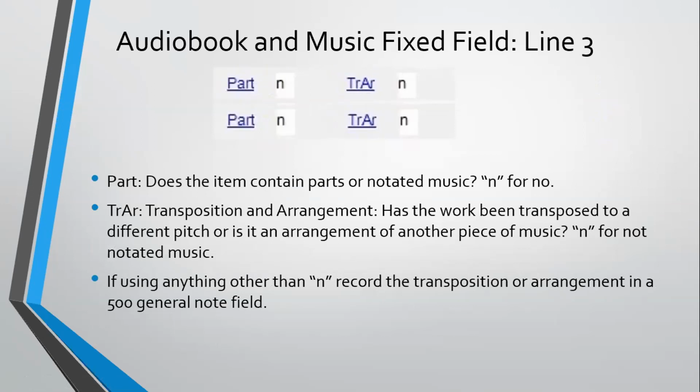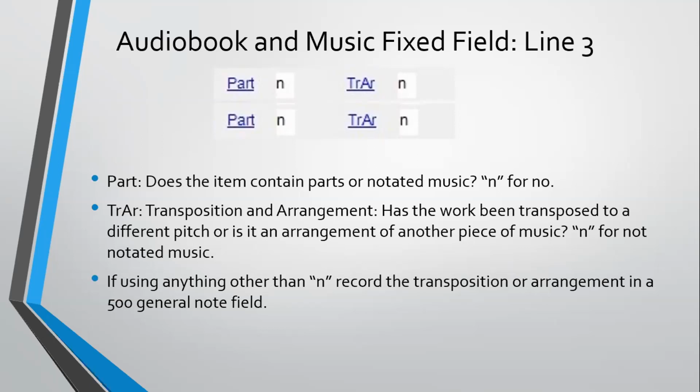Okay, so part. This is something that is specific to notated music or a music score. So for audio recordings, we're going to use code in for no. Transposition and arrangement. Has the work been transposed to a different pitch, or is it an arrangement of another piece of music? Again, this is specific to notated music.